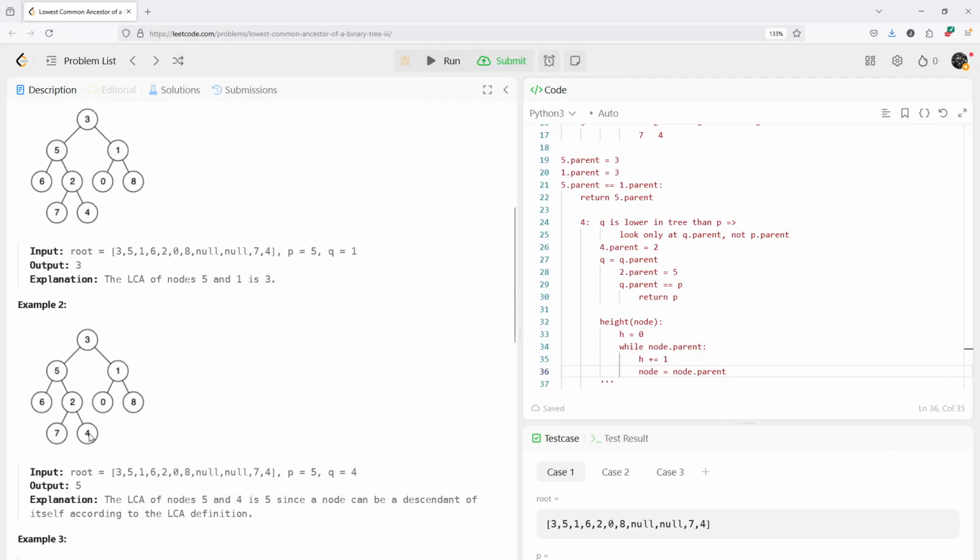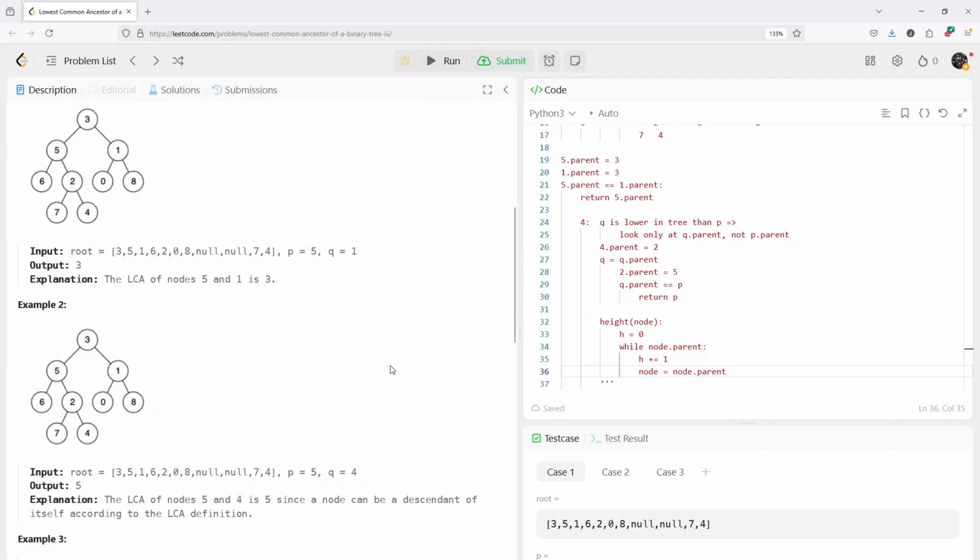So here you start at 4, it has a parent, so you go to 2 and increment h. 2 has a parent 5, 5 has a parent 3, 3 no longer has parents, and you increment h basically 1, 2, 3 times. So this would have height 3, and then the 5 would have just height 1.